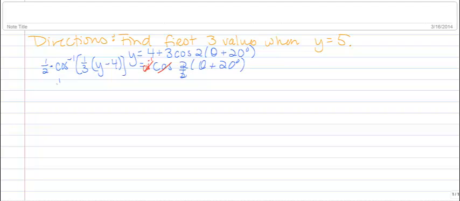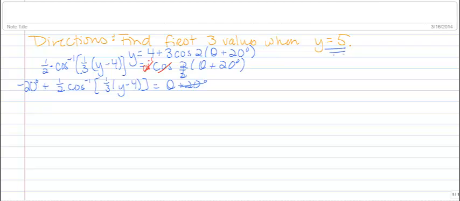Okay, I'm going to clean this up a little bit so it looks a little bit better. Okay, obviously to get theta by itself, you need to subtract off your 20 degrees. So once you do that, you put a negative 20 degrees out in front. You are good to go. Okay, so now we have everything in terms of theta.